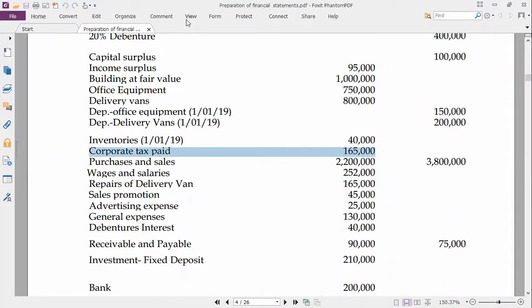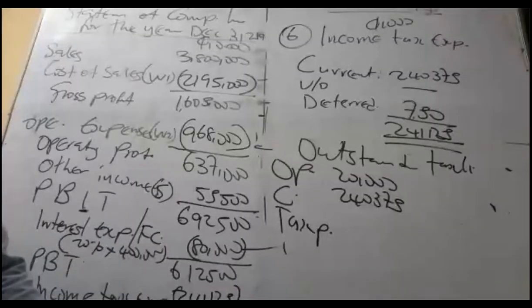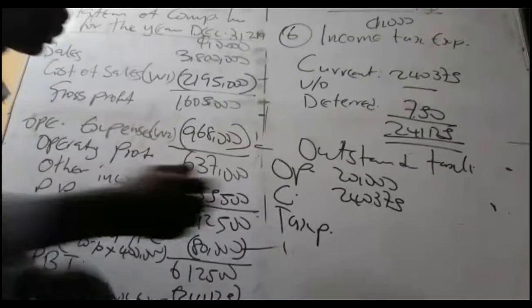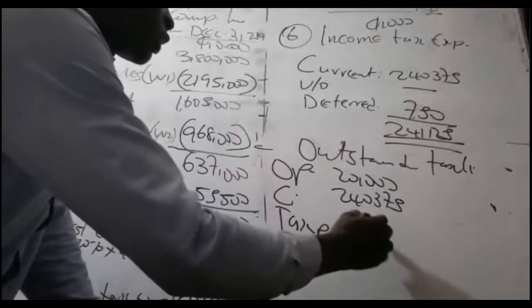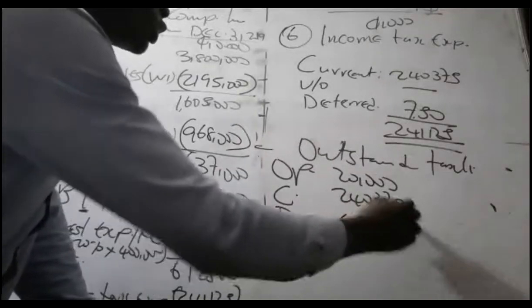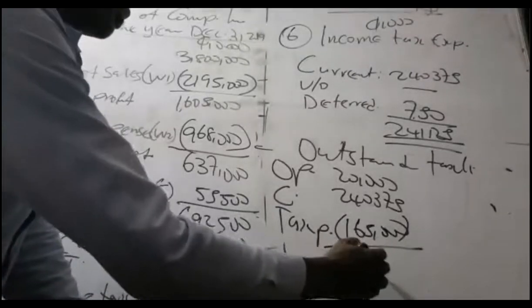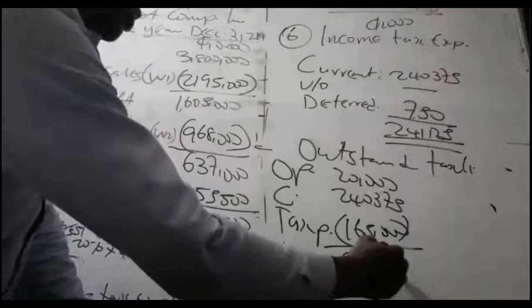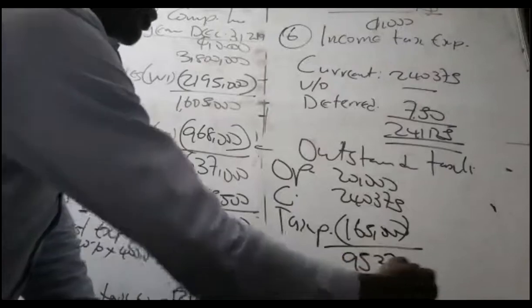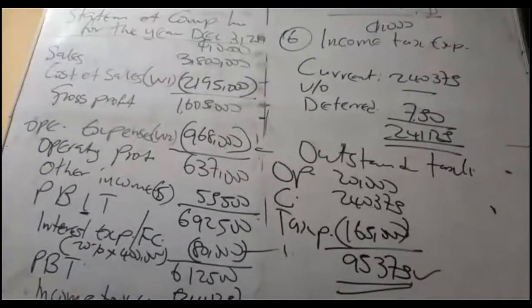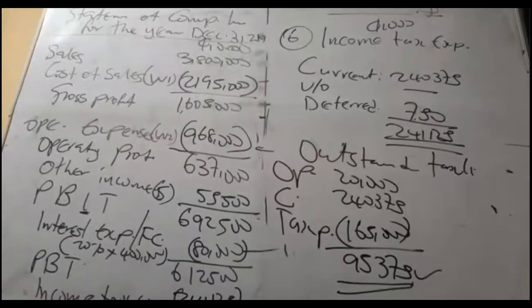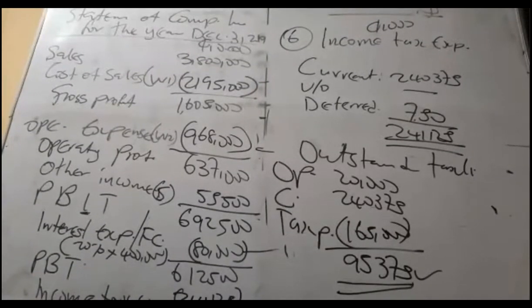Out of the total amount that they owe, they were able to pay 165,000. So less tax paid of 165,000. You take off this, you get 95,375. And this goes to the financial position as current liability.